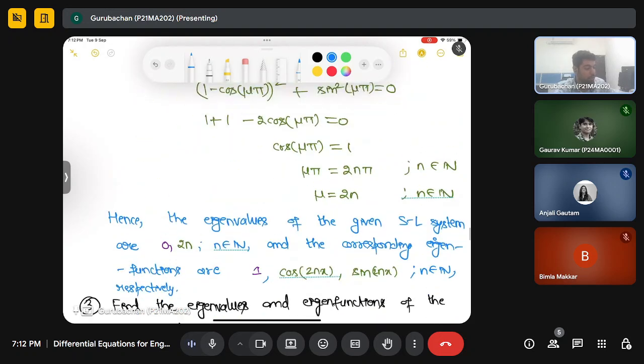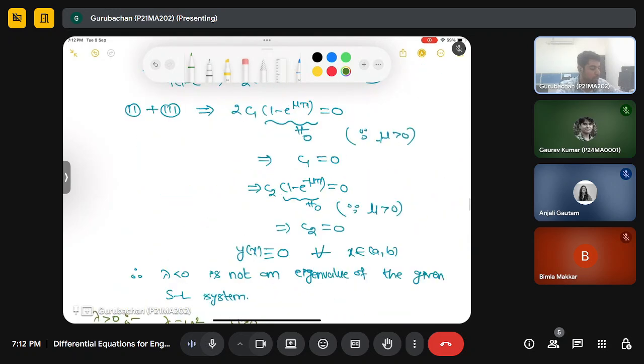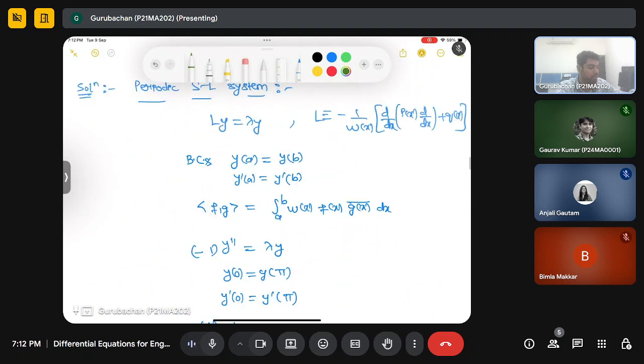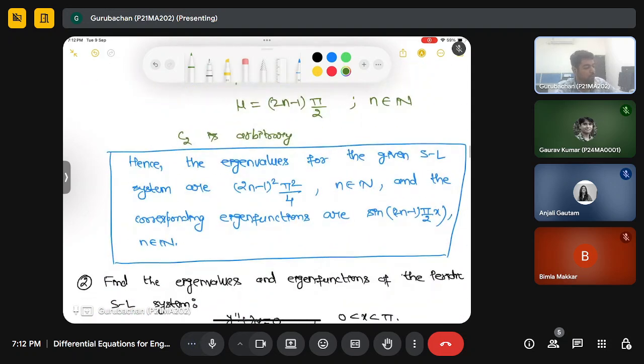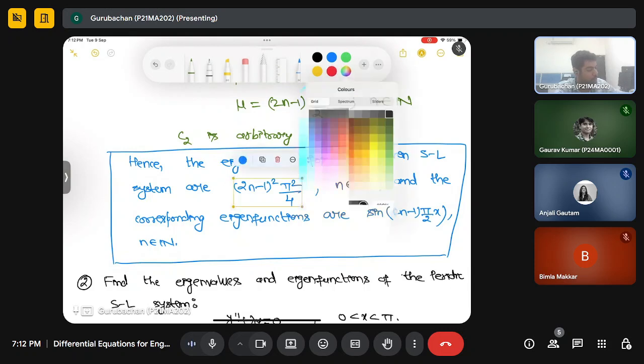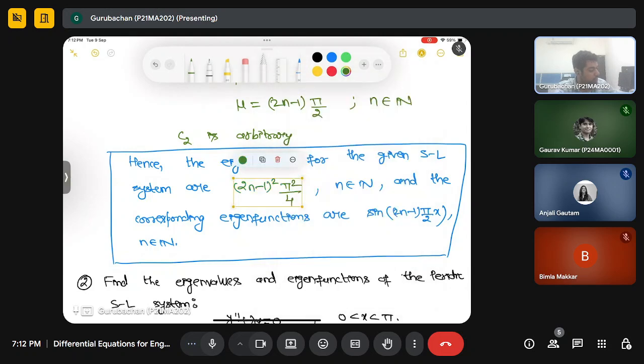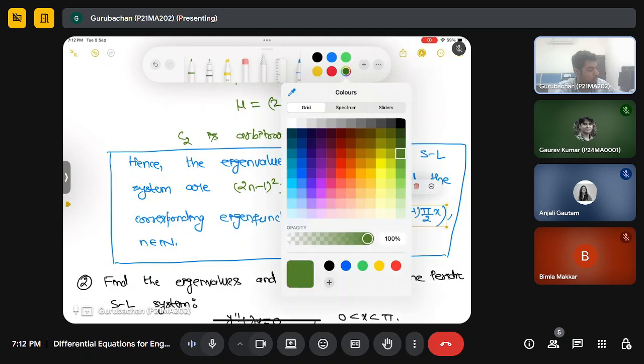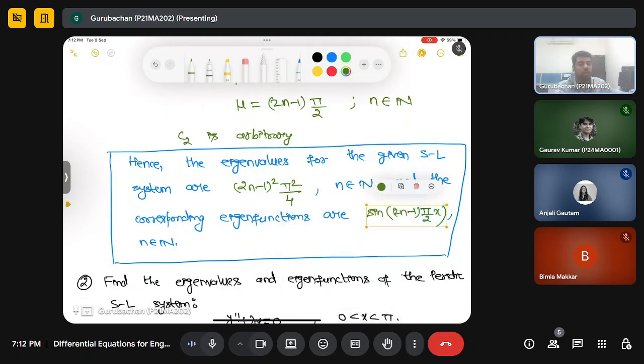And again, it was 2n, so here this will also be 2n square, since we are working on mu square. In the first question, we have this one, so this is your eigenvalue with respect to the third case, and this is your eigenfunction with respect to the third case.